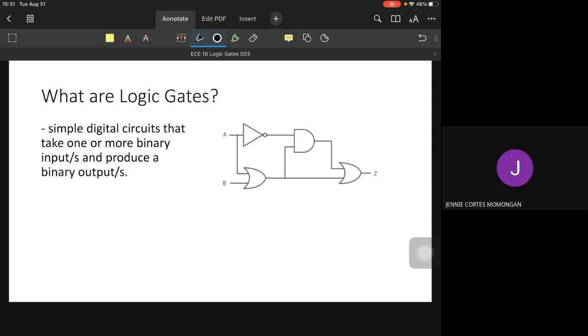In this illustration, we have 2 inputs, and this is our output, Z. As I said earlier, logic gates are a convenient abstraction to use, in contrast to what we would actually have to use. So let's say, for example, this one, the first logic gate.